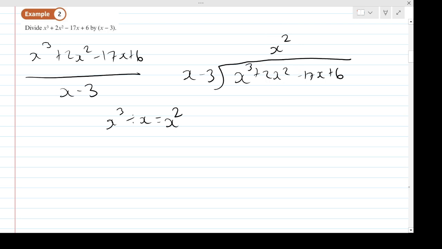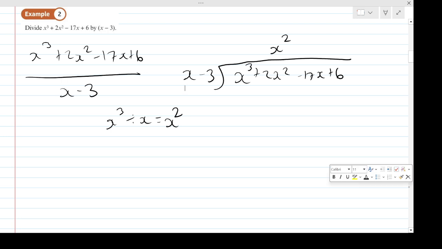So I'm going to put that up the bus stop, and that eventually is going to give me what we call a quotient. Again, to remind, we got that from dividing the highest power inside, which was x cubed, by the highest term outside, which was x.